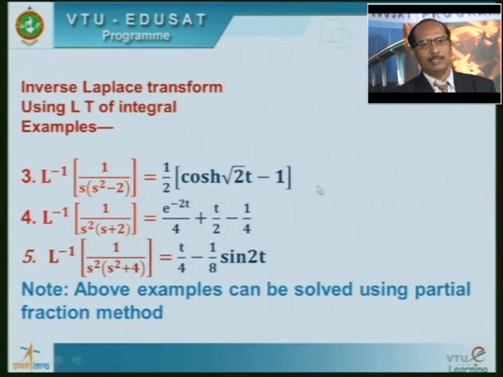Then find out the ABC values. Here s is a linear factor repeated, the other one is quadratic. For that, a divided by s, b divided by s square, then cs plus d divided by this quadratic term, then find out the ABCD values. So there are always two methods available, whichever is convenient for you. You can refer to either the partial fraction method or the f of s divided by s method.